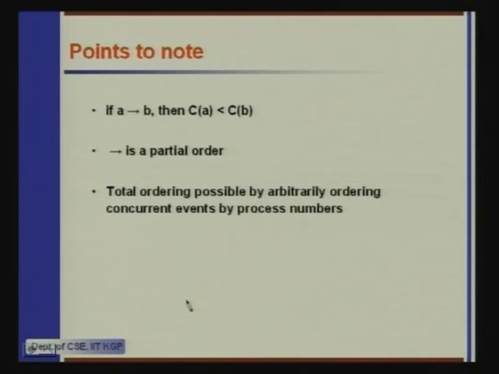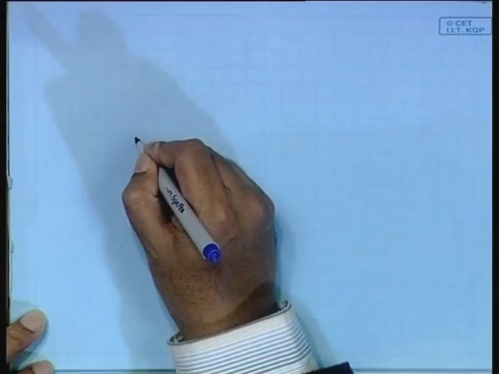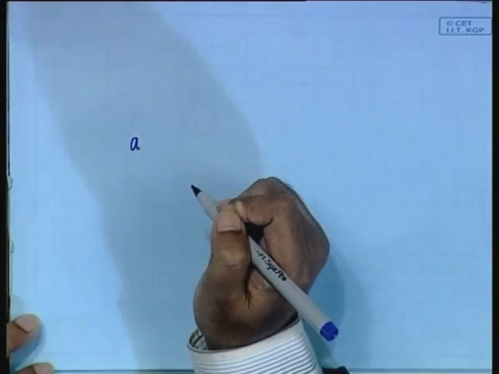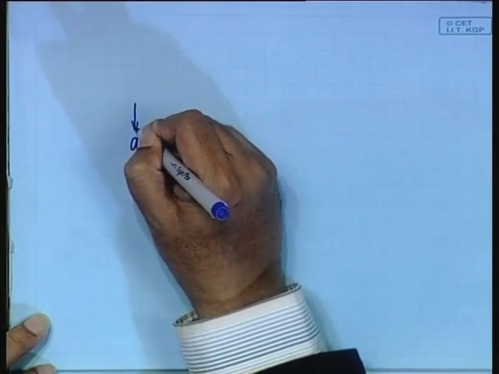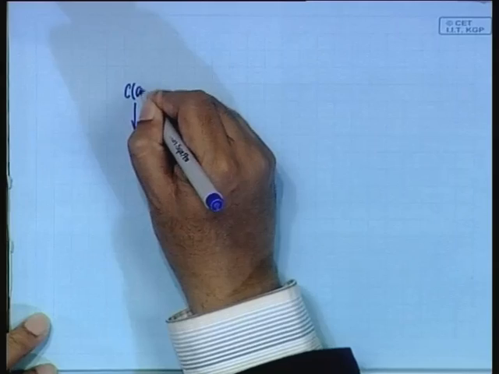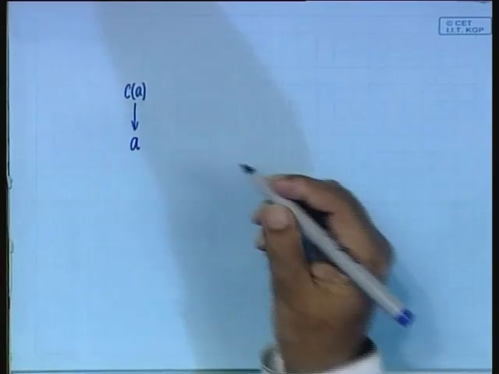So if A happened before B, then whenever A happened, suppose A happened here, okay, then at that time it was stamped with some CA, right.